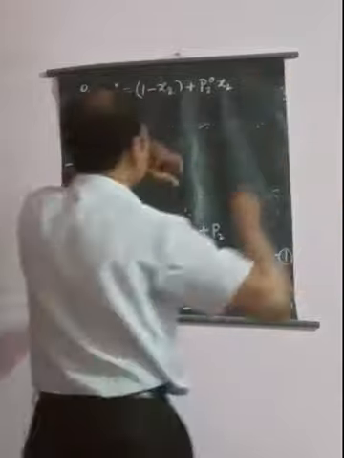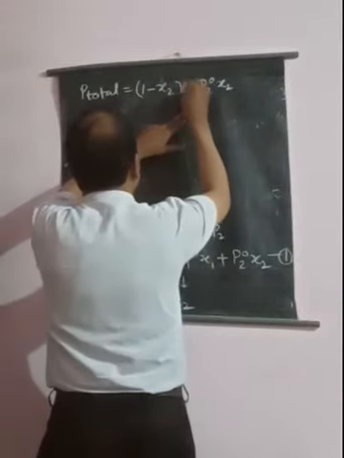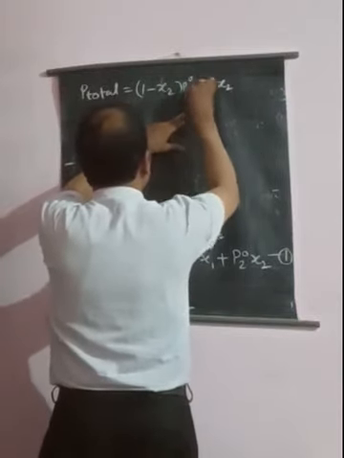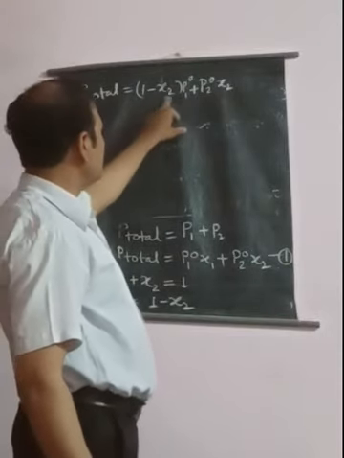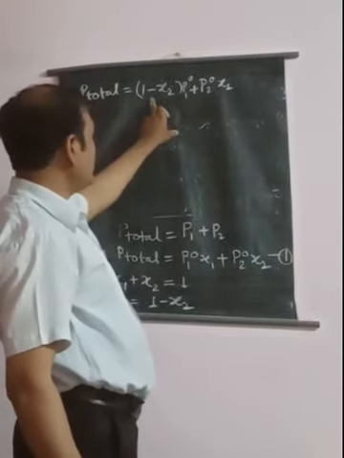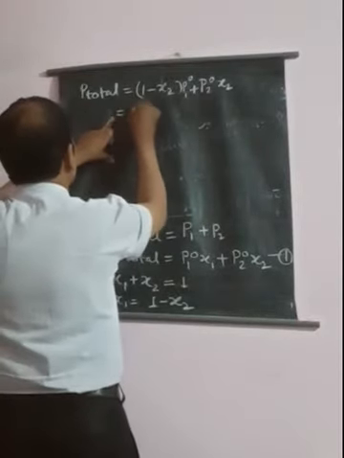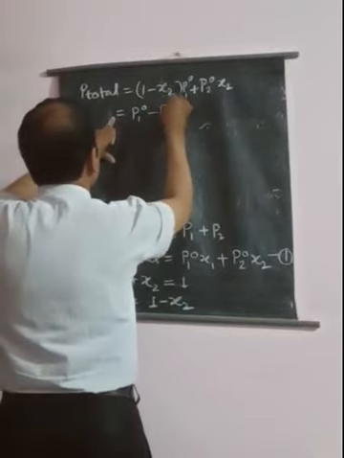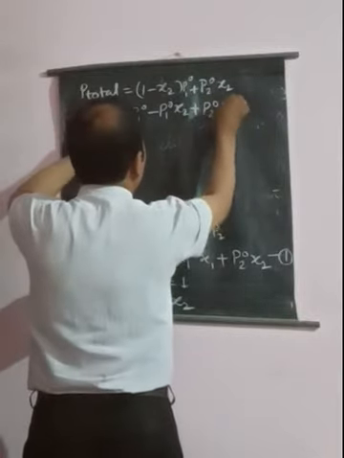Multiplying P1 naught with the quantity inside the bracket, we get P1 naught minus P1 naught x2 plus P2 naught x2.